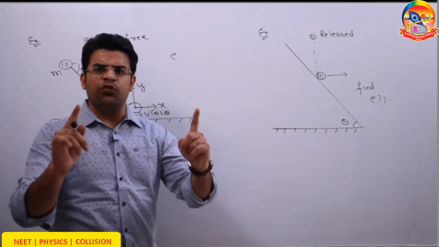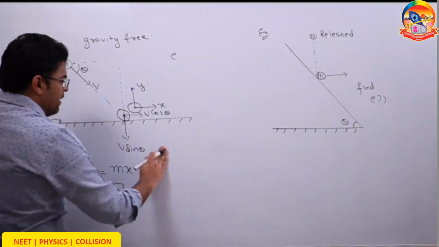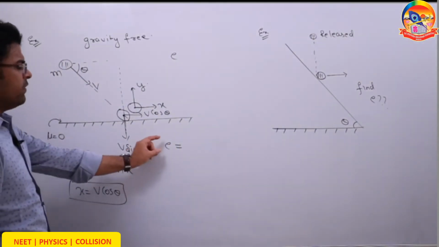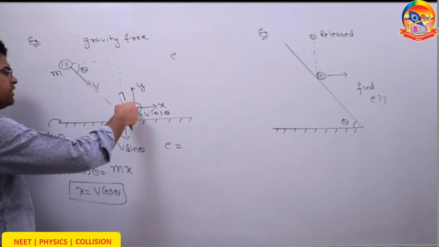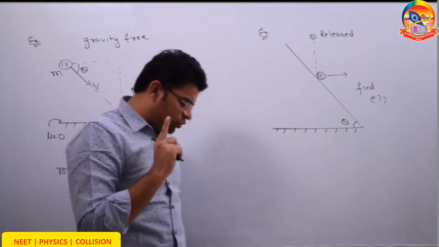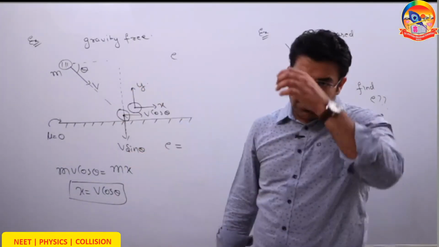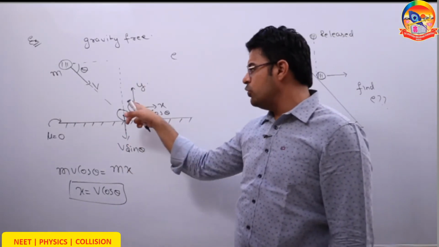Now all we have to find is vertical velocity. How to find it? To find the vertical velocity, I will use the coefficient of restitution equation. Coefficient of restitution equation says that E equals velocity of separation upon velocity of approach. Velocity of separation and velocity of approach should be taken along the line of impact. In this case, the line of impact is vertical. So the velocity of separation will be y and the velocity of approach will be v sin theta.